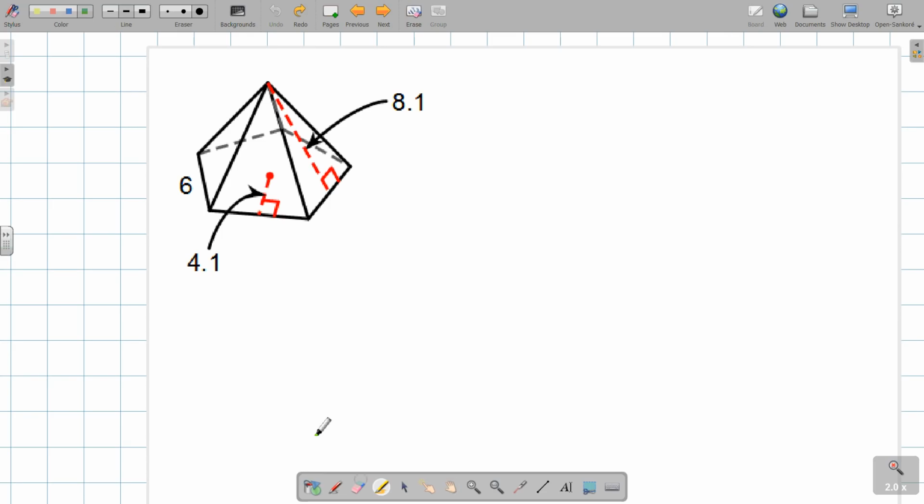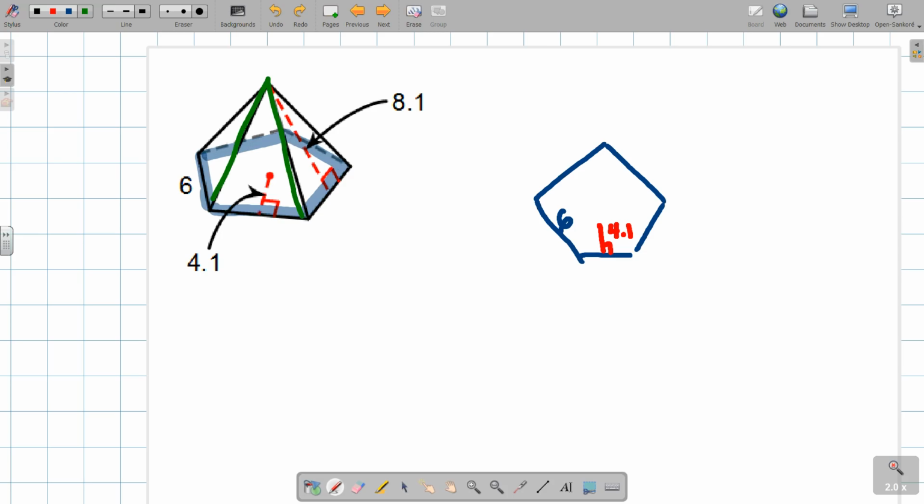Pyramids are super easy. We're just going to start by doing that base. The edges are 6 there, and my apothem there is 4.1. And on each of these sides, there are going to be 5 triangles folded downward.